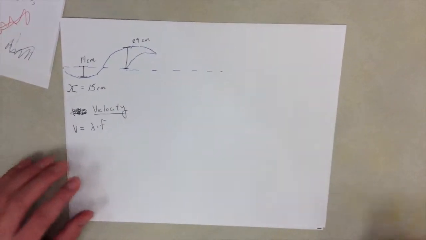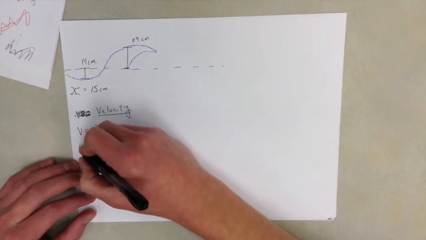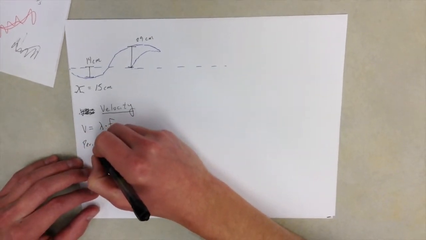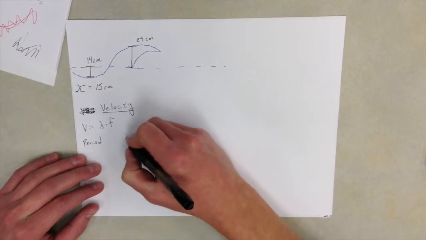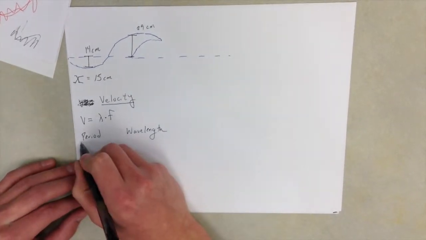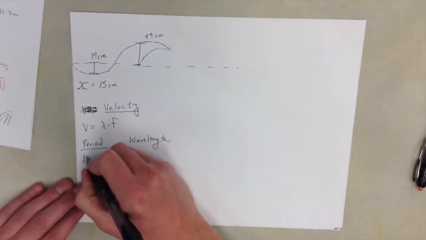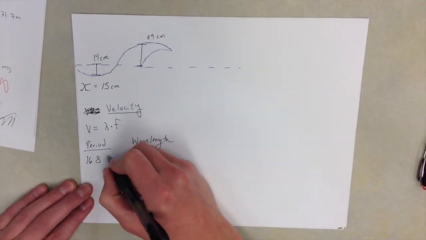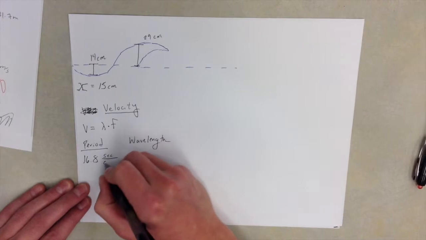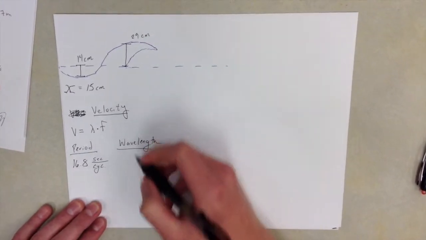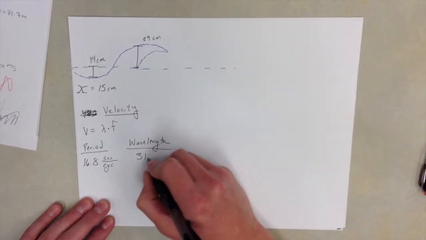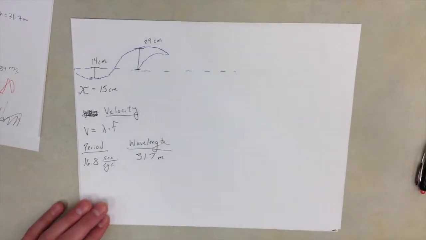And while we were out there, we decided to calculate the period and the wavelength. So we found our period to be approximately 16.8 seconds per cycle. And then we had the wavelength, which was 31.7 meters.